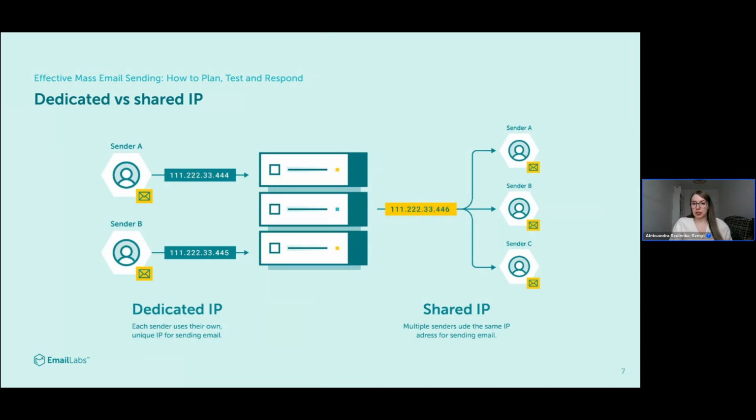When it comes to a shared IP address, more than one sender, more than you, can use this IP address, and thus all of the senders that use it build the reputation. So you're kind of working with other people for the reputation of this shared IP address. You're dependent on them.